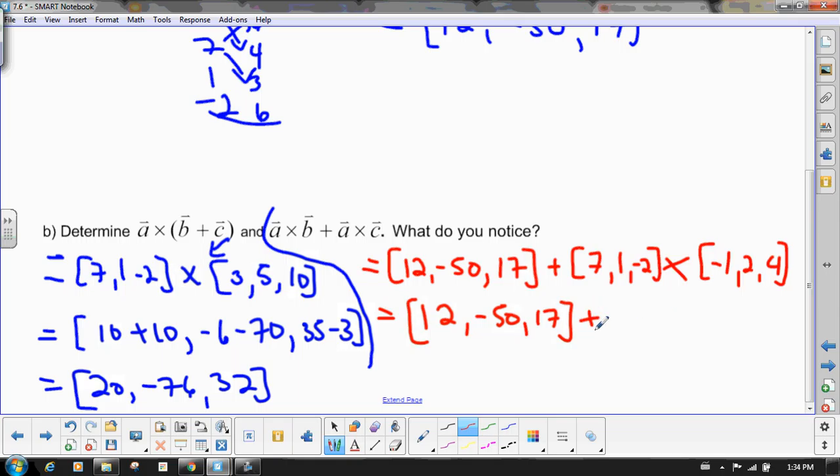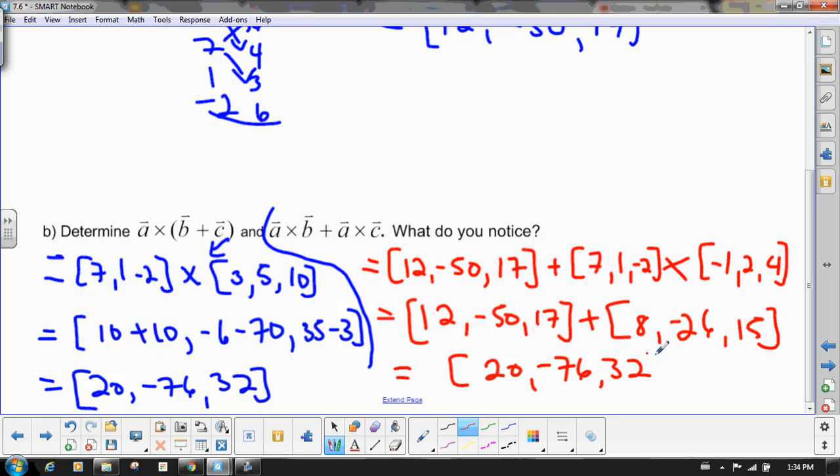And if you take the time to actually do the cross product, you're going to find that this here is 8, negative 26, and 15. So it shouldn't be too surprising that these two things are the same.